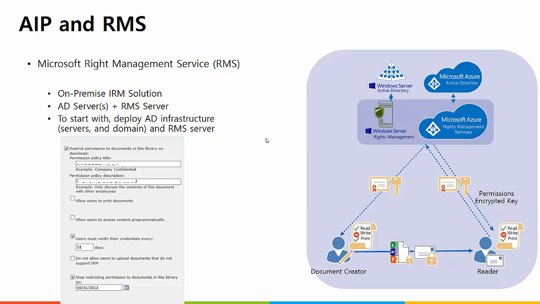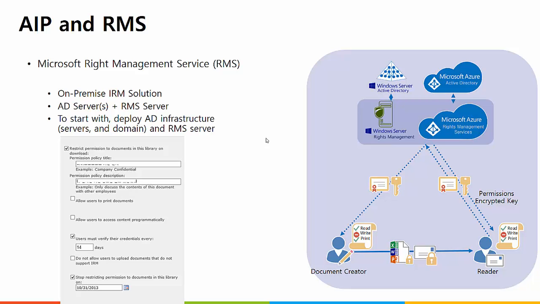And this means that once you apply any permission, and then once you configure users to access, other users outside of the company cannot open the document even though they have the document in their disk.